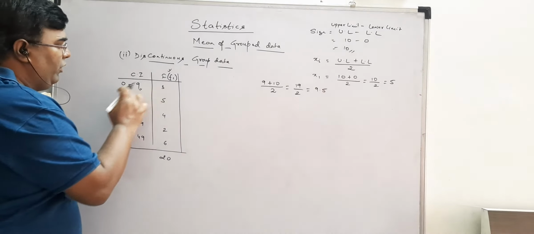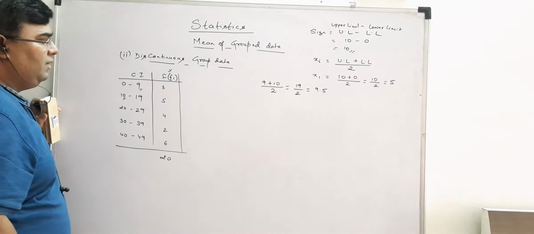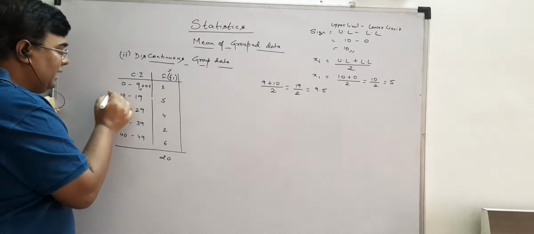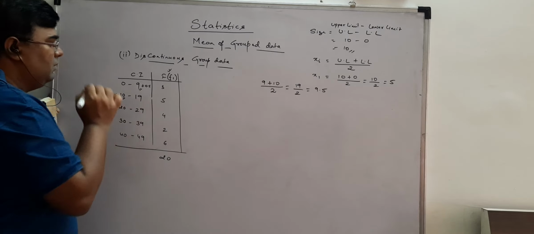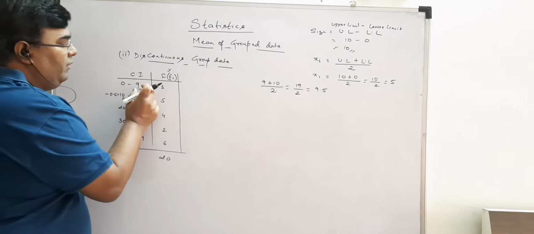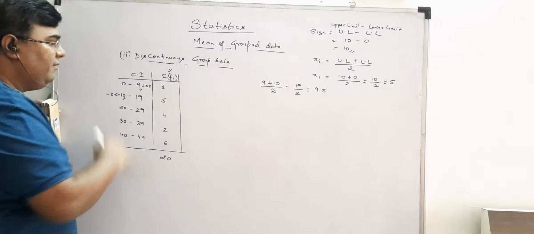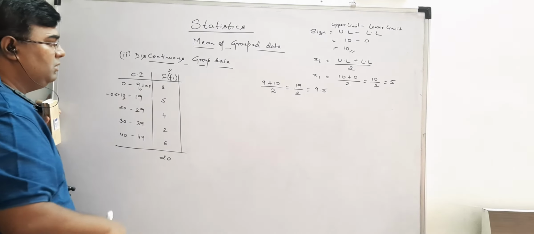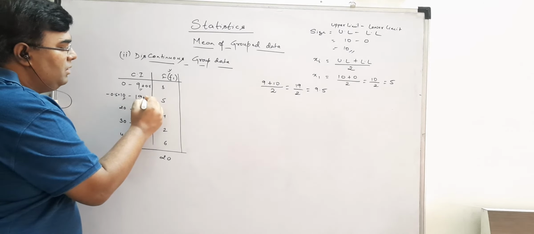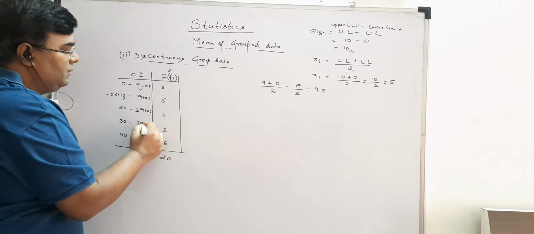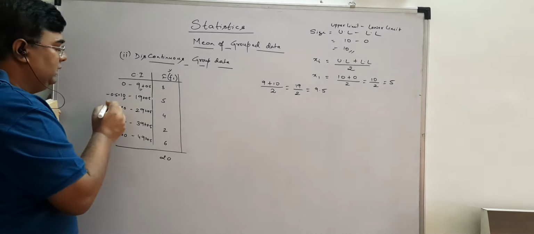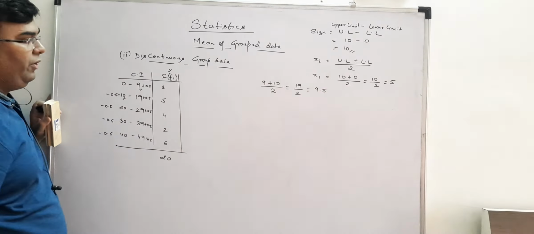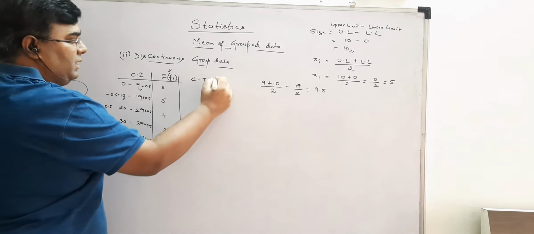So we make both of them 9.5: we are adding 0.5 to the upper limit and subtracting 0.5 from the lower limit. In a similar manner we do this to all the numbers: adding 0.5 on the right side and subtracting 0.5 on the left side.